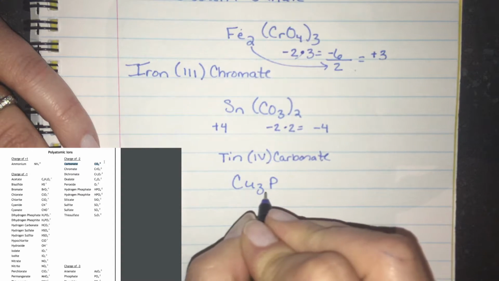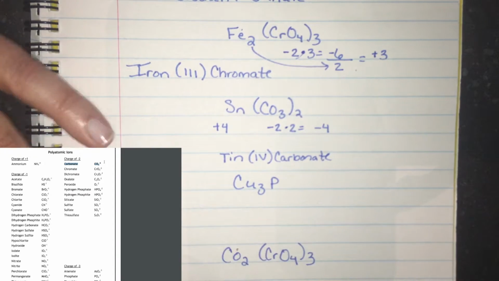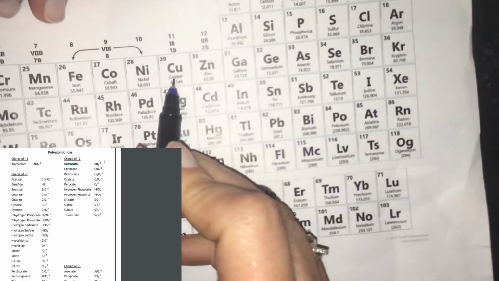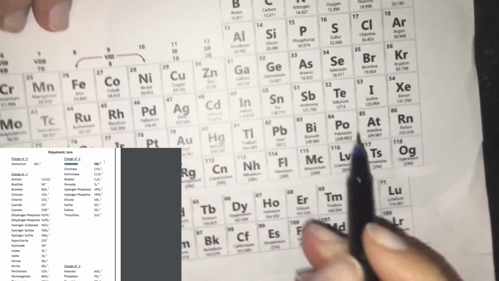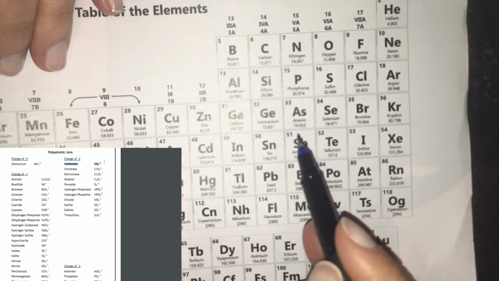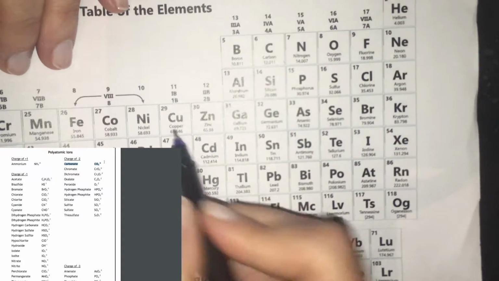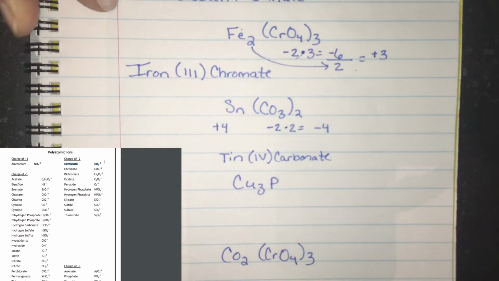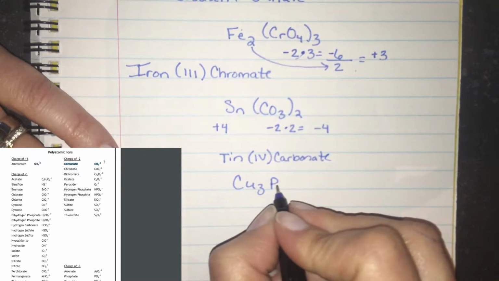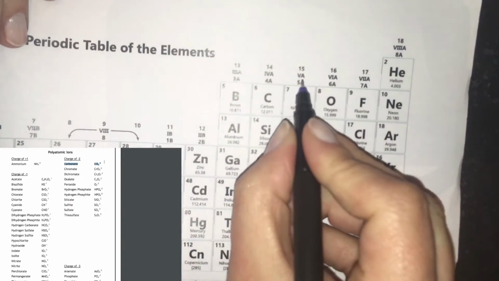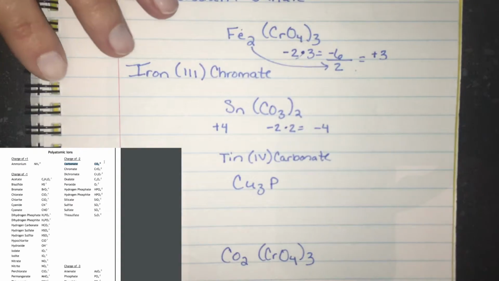Okay, and now we have Cu3P. So copper again, copper is right here, and it's one of those transition metals. We have that stair step here, and it's to the left of the stair step. So copper could have multiple charges. So we have phosphorus. That's actually on the periodic table. Phosphorus has a -3 charge.